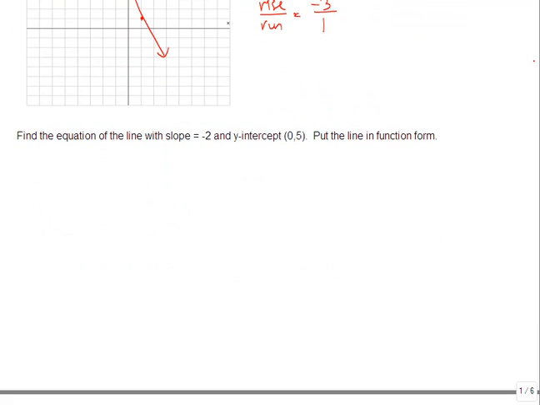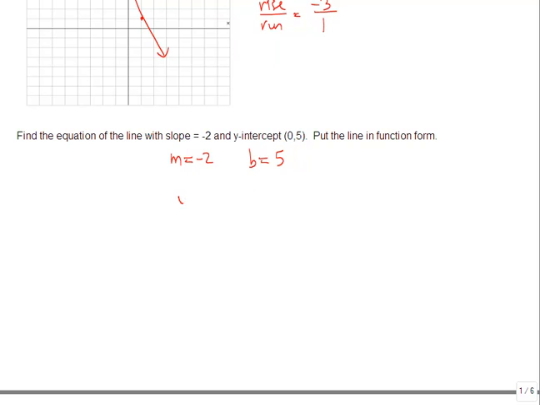Now let's talk about the equation of the line with slope -2 and y-intercept (0, 5). Put the line in function form. So this one is kind of nice because we're told what the slope is, and that's typically our m number, and we're also told our y-intercept, which is typically called b. So in this case our b is 5.